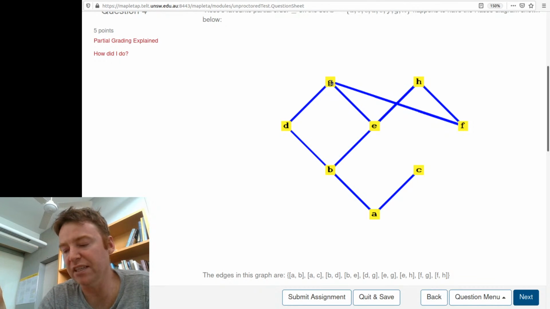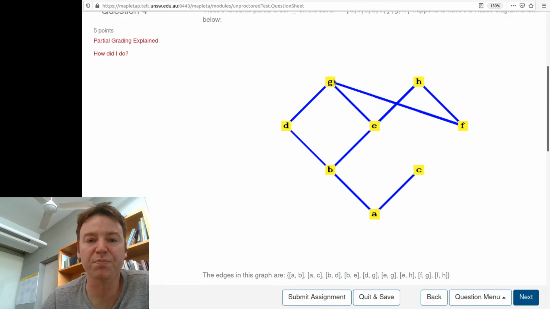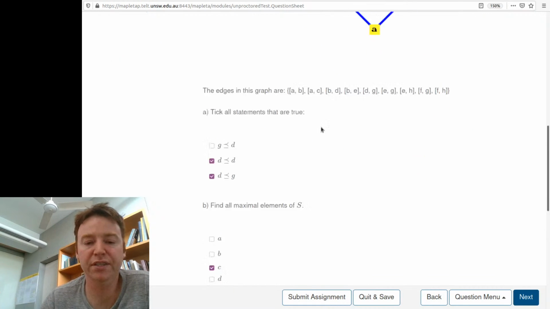And you can talk about the least element of that sub-Hasse diagram, and that would just be G.